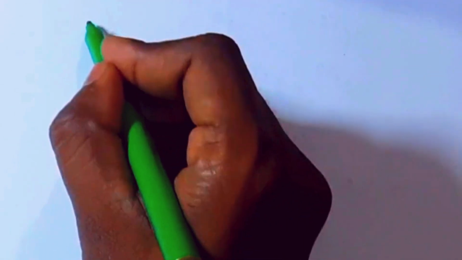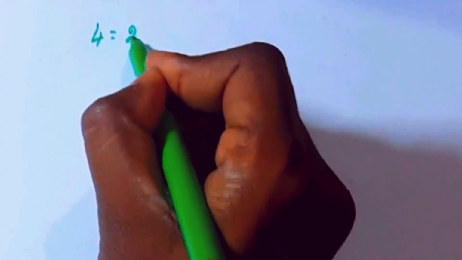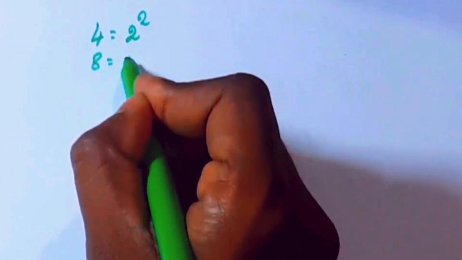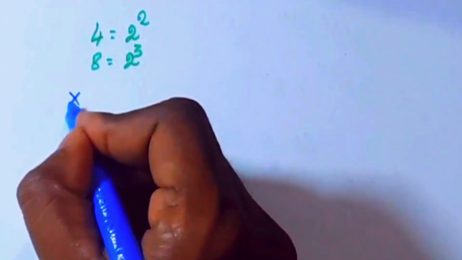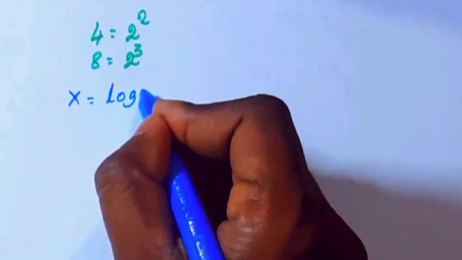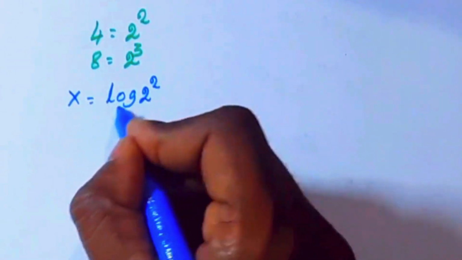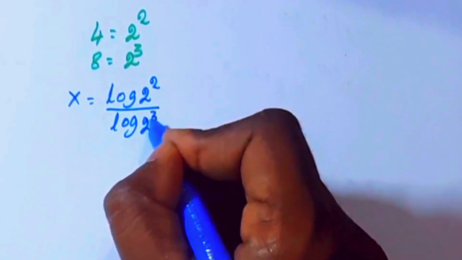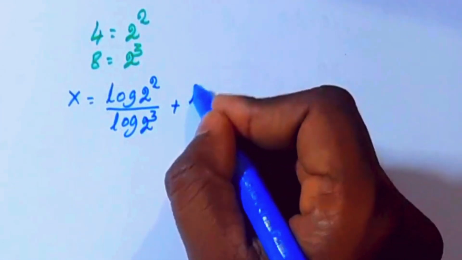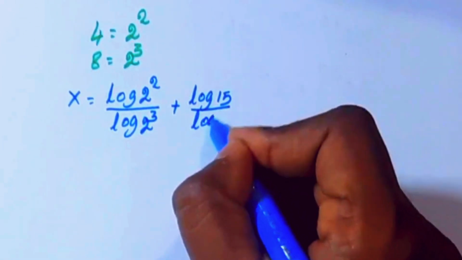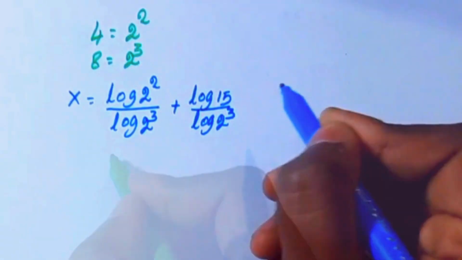Now 4 can be written as 2 power 2, and 8 equal to 2 power 3. So we'll get x equal to log of 2 power 2 by log of 2 power 3, plus log 15 by log 2 power 3.